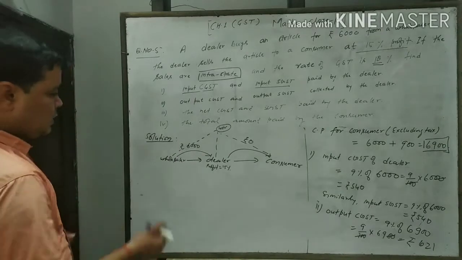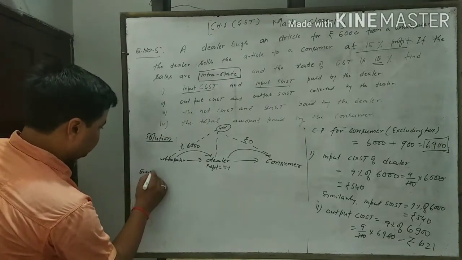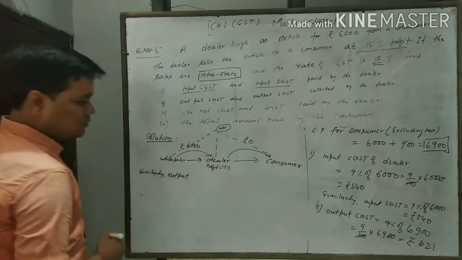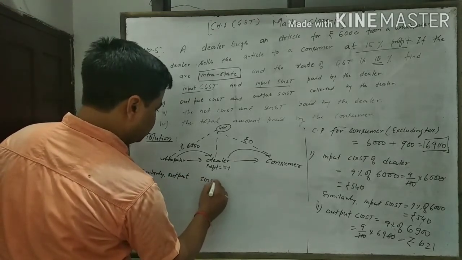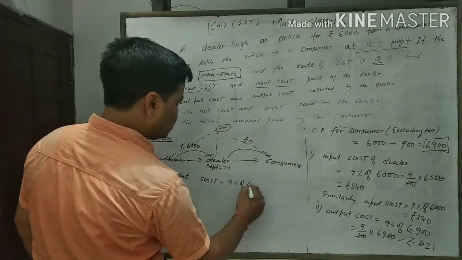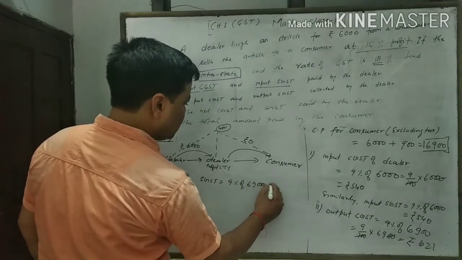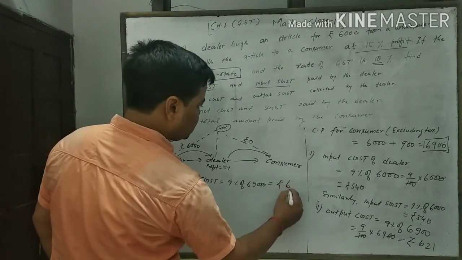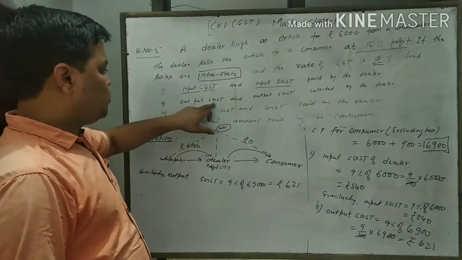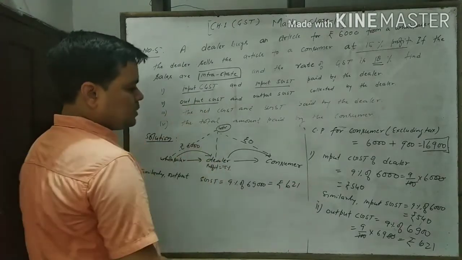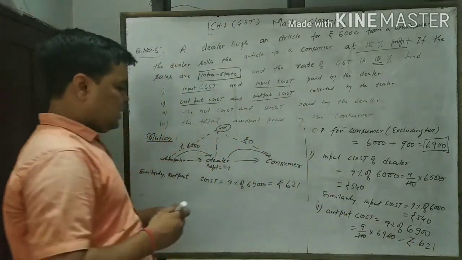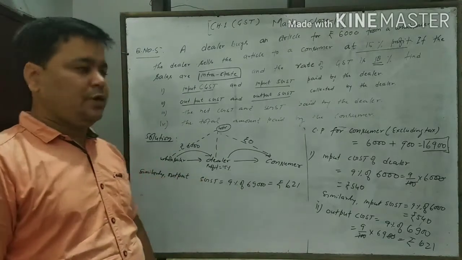Output SGST is also equal to 9% of 6,900 rupees. After calculation, we will get 621. Okay. So here output CGST is 621 rupees and output SGST is also 621.